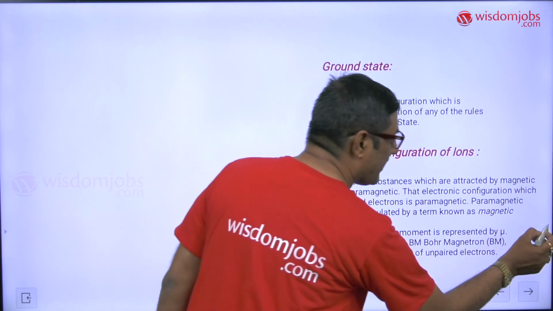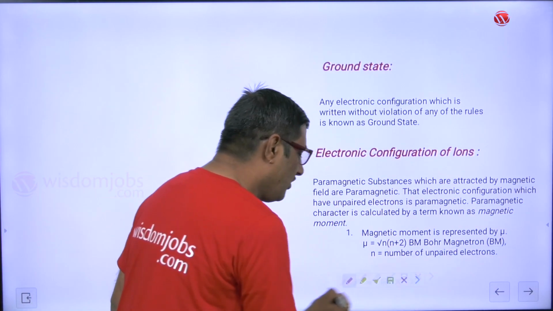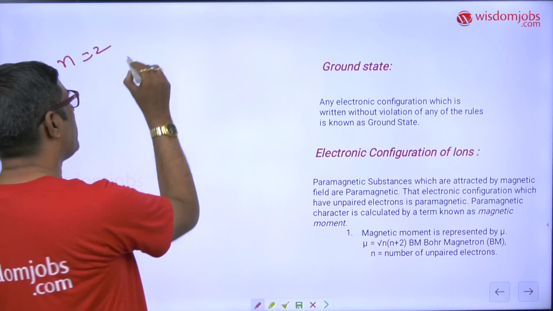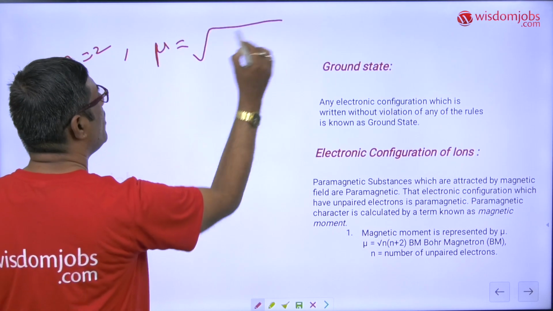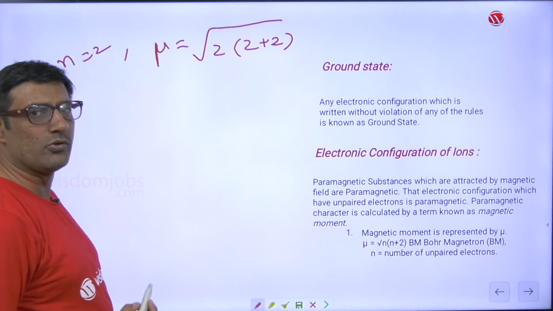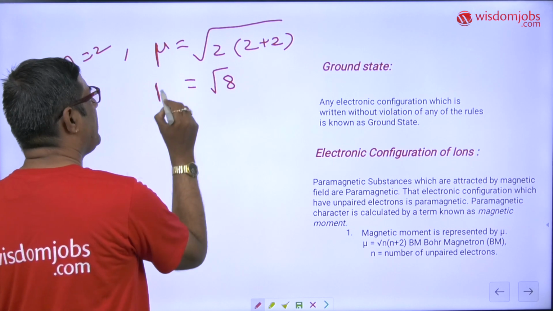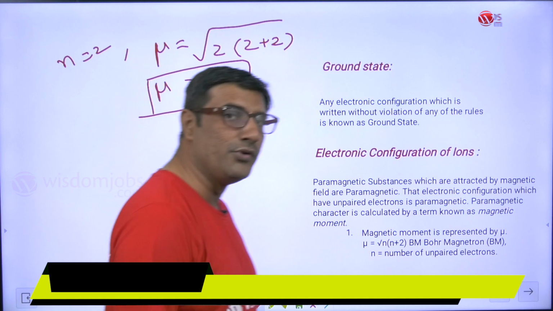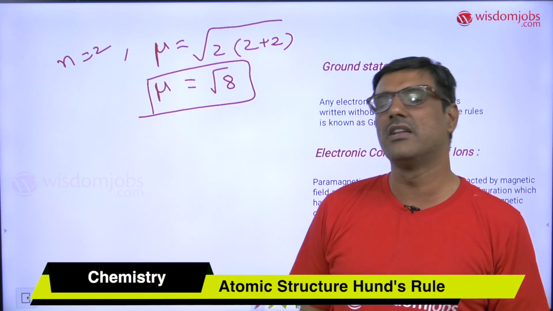Since n is equal to 2 for excited magnesium, the magnetic moment mu is equal to under root of 2 into 2 plus 2, or simply 2 into 4 under root, which is root 8. In this way I can calculate the magnetic moment of any given element, provided you know the number of unpaired electrons in the given atom or element.